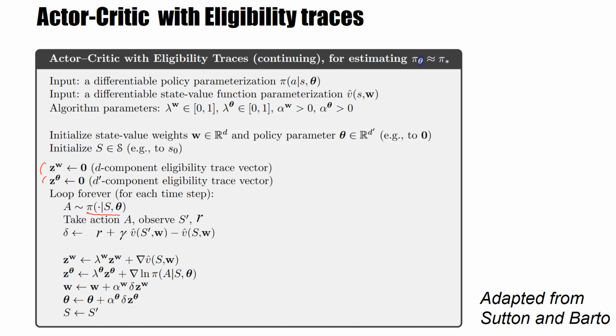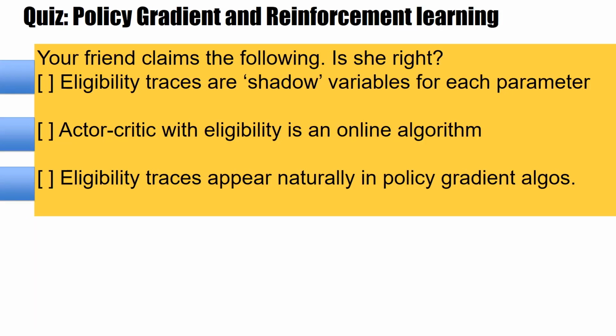And so while we run through, we take action A, we observe the next state, we observe the reward, then we calculate the TD error delta, and then we update the two traces, the eligibility trace of the critic and the eligibility trace of the actor, and we use these values of the eligibility traces times the TD error delta to update the two parameters, and then we go to the next state.